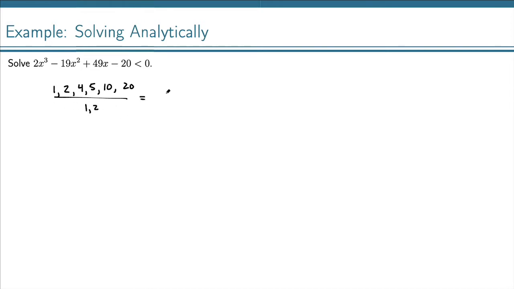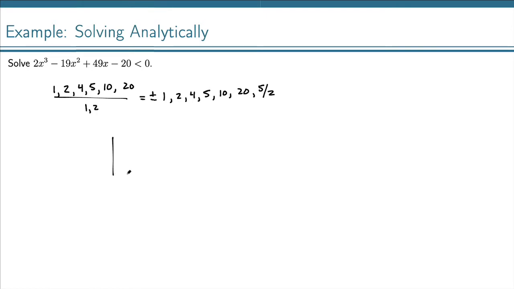So each of those things divided by 1, and then each of those things divided by 2. So 2 over 2 is 1, 4 over 2 is 2, 5 over 2 I don't have yet, 10 over 2 is 5, and 20 over 2 is 10. So here's my list of possibilities, and I need to find which of these are the zeros of that polynomial.